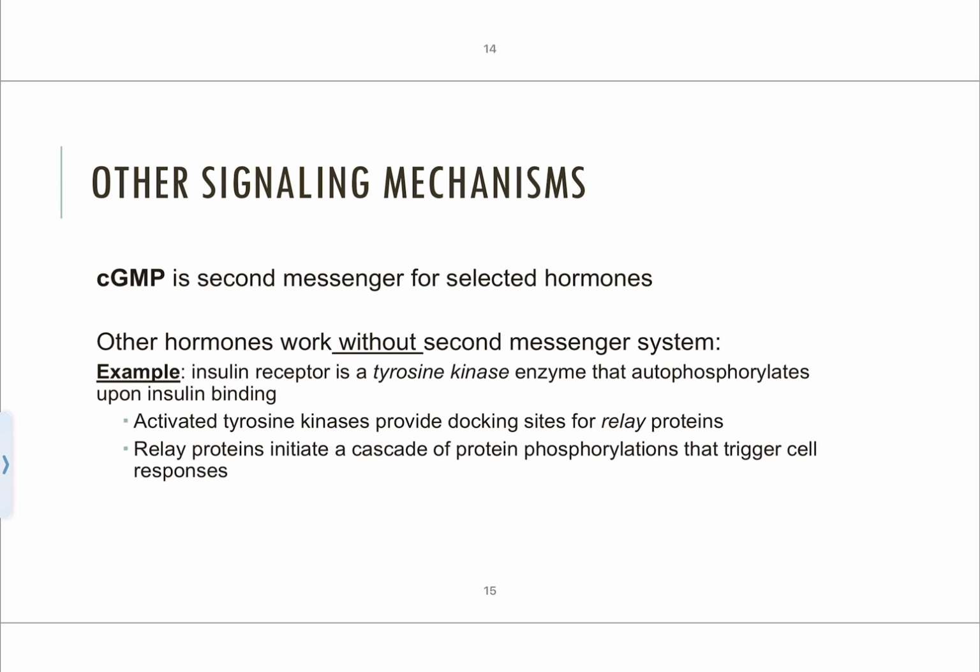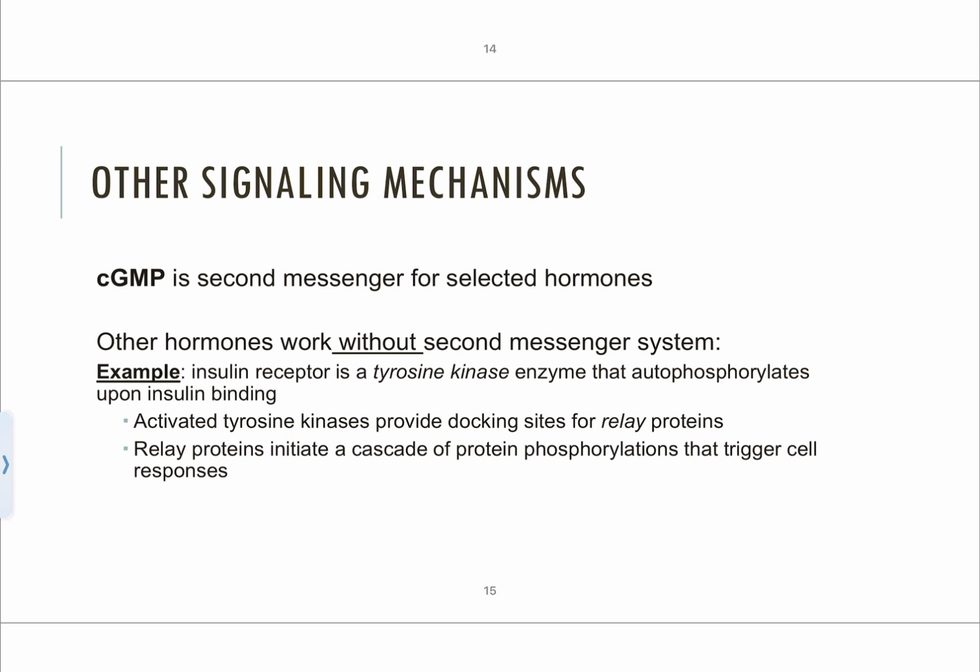So we do have other signaling mechanisms. These aren't as prominent as the PIP2 calcium and cyclic AMP, but we also do have cyclic GMP, and it is the second messenger for selected hormones. We also have other hormones that work without some sort of second messenger system. One example is the insulin receptor. The insulin receptor is a tyrosine kinase enzyme, so it can phosphorylate itself.